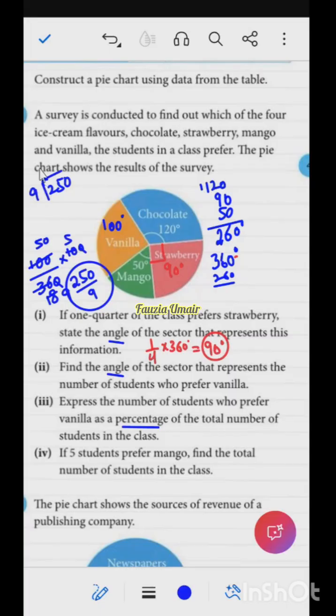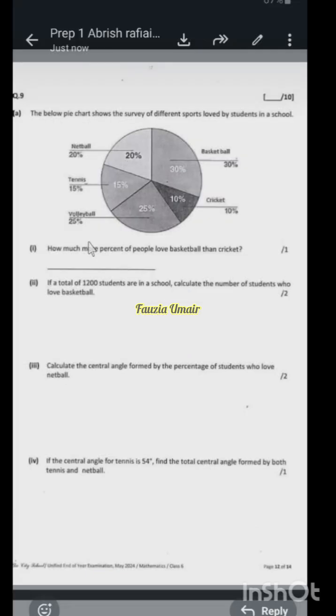So 9 2s are 18, 70. So 9 7s are 63. Right? So now you can just 7 again. So it is 27.7. So how much is the percentage? 27.7%. Yes. Right.